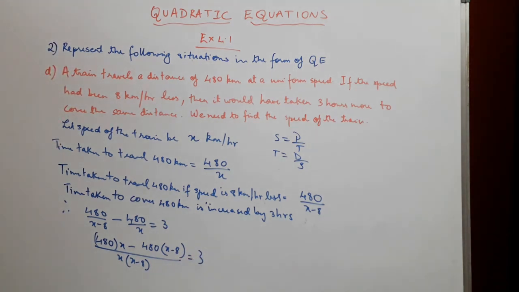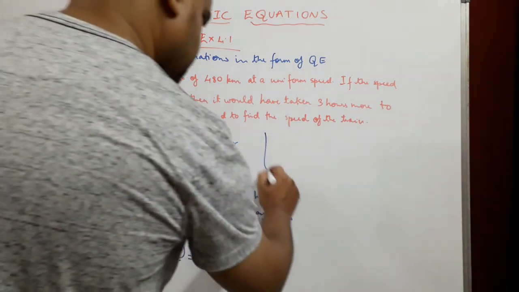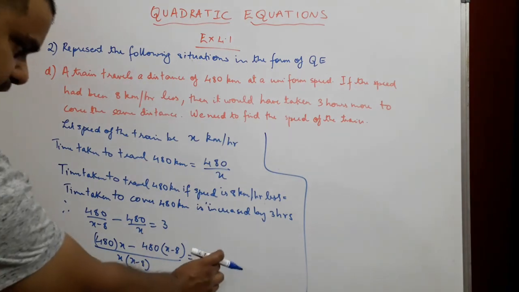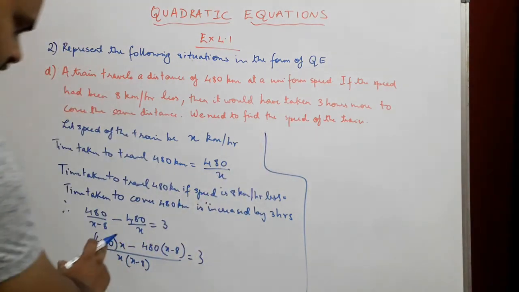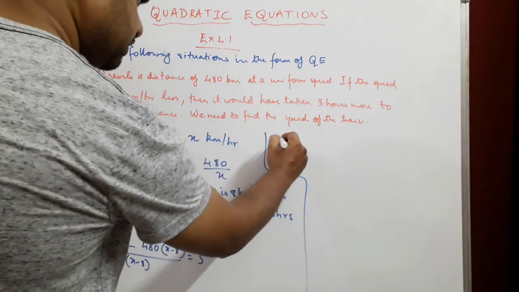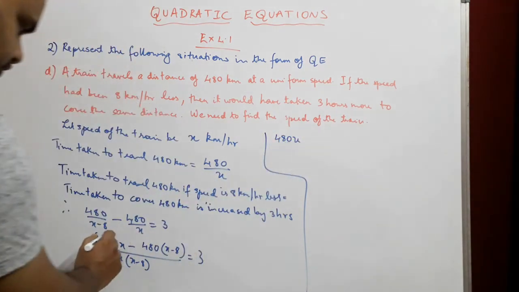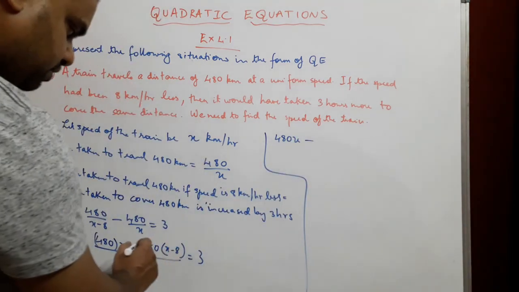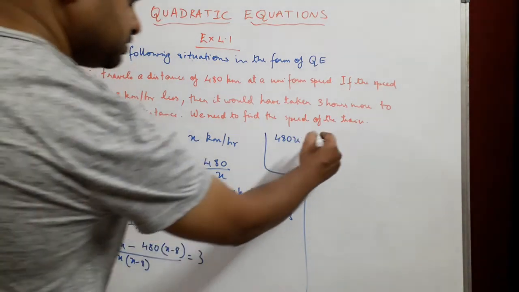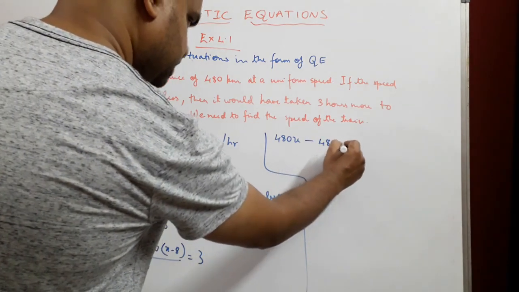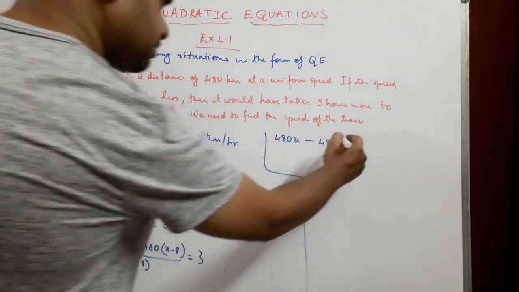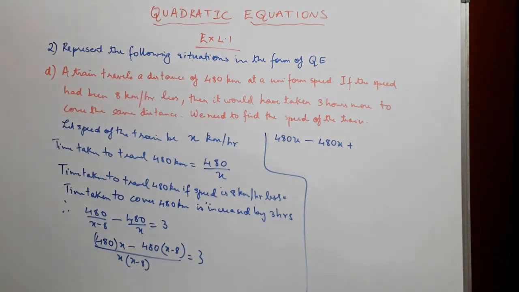Fine. Now solve the remaining over here. So here the numerator I'll multiply with 3. And I'll open these brackets up. So then we'll get 480x, minus 480 into minus 8, and minus into minus gives us plus first of all.